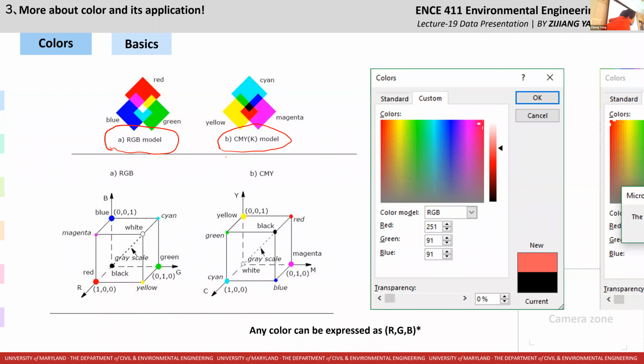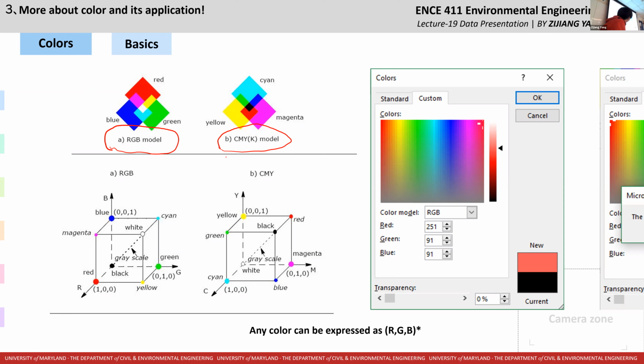Yeah, so the RGB model is basically red, green, and blue to create colors. It's more suited for, let's say, seeing things on the screen because these LEDs can only produce red, green, or blue.